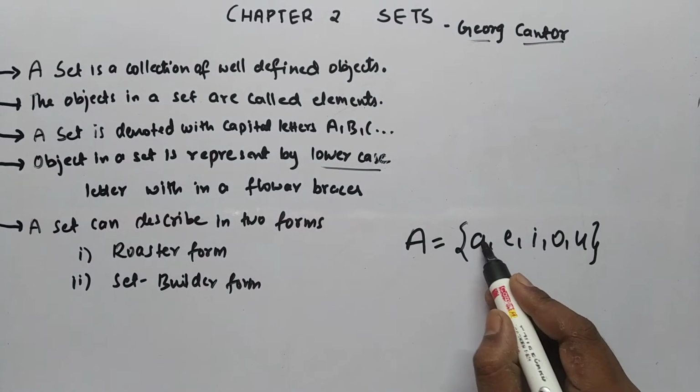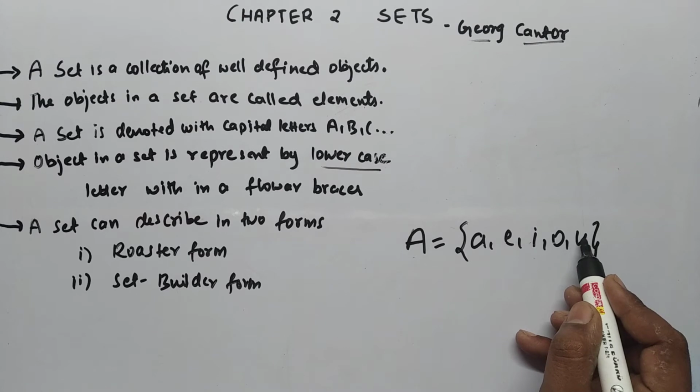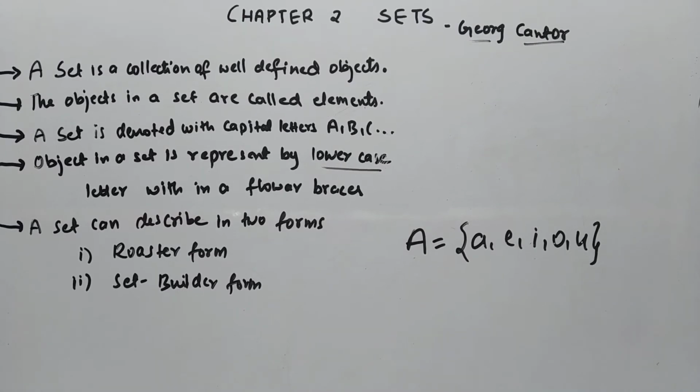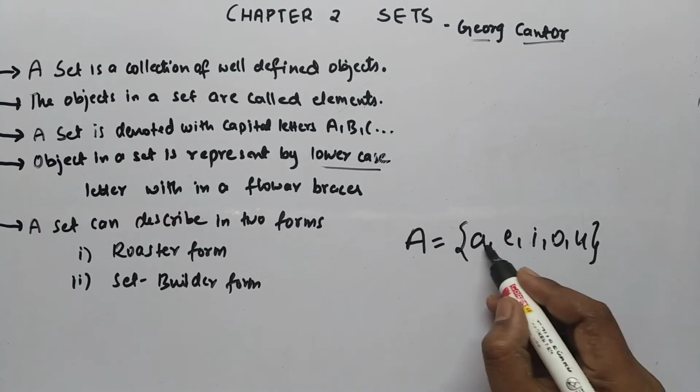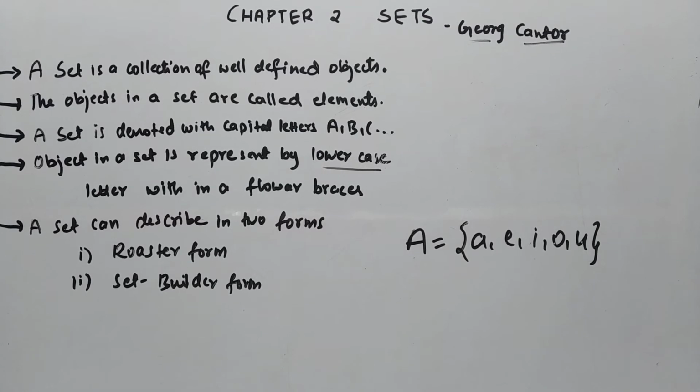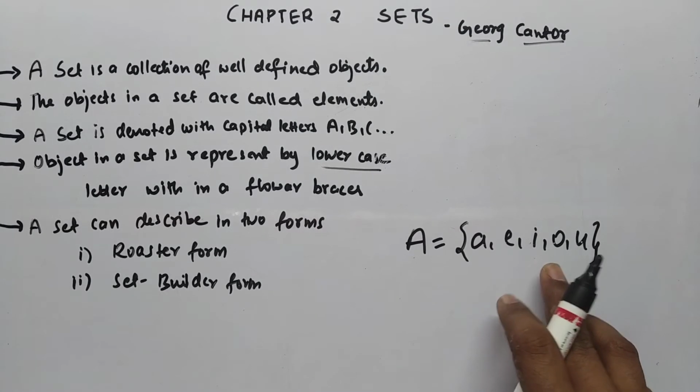You can see these are well-defined objects, or you can say elements. There is a condition that an element should not repeat, and they have to be separated with commas.